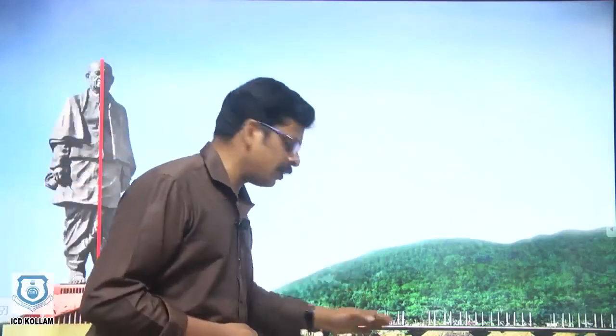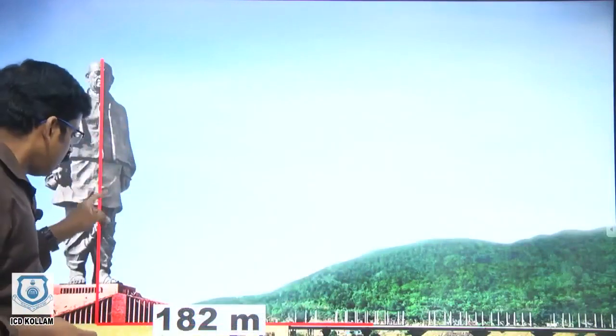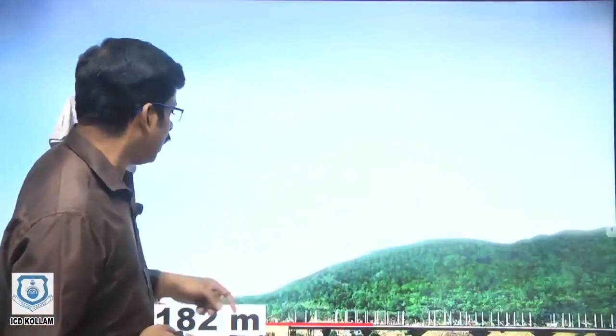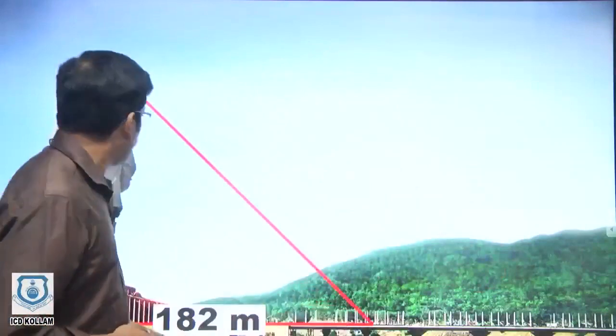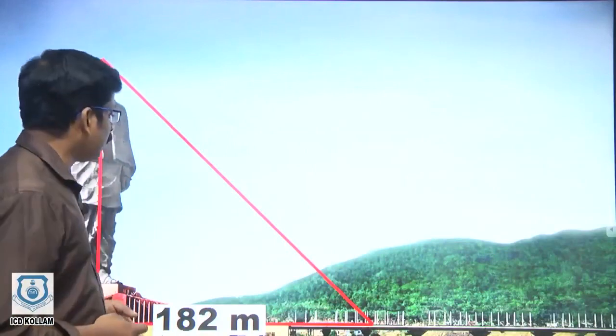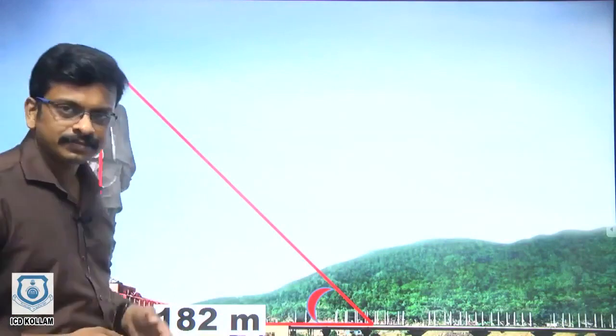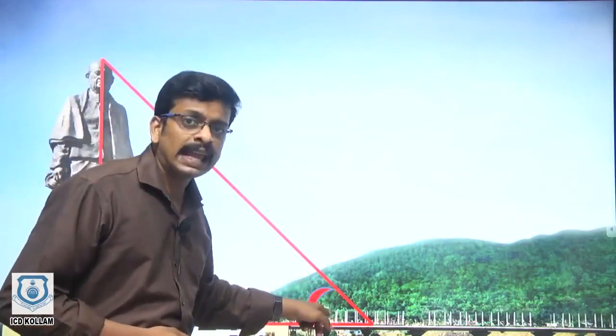A certain distance I walked, and I notice the distance travelled is equal to 182 meters. Then I watch the top of the statue and I notice the angle of elevation. It is called the angle of elevation. I find it as 45 degrees.